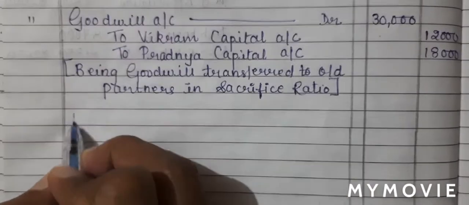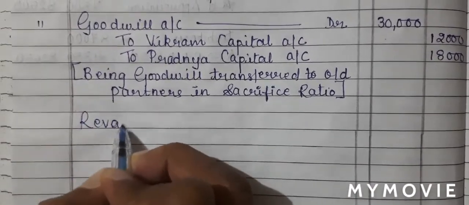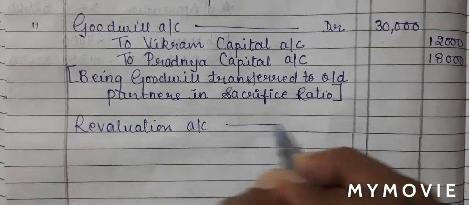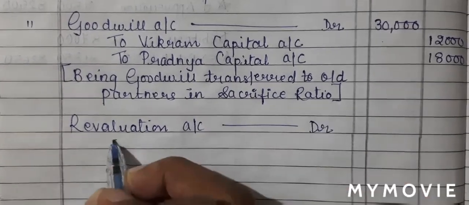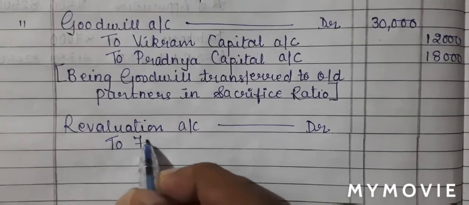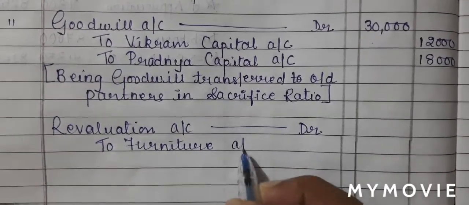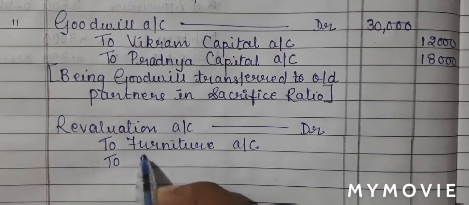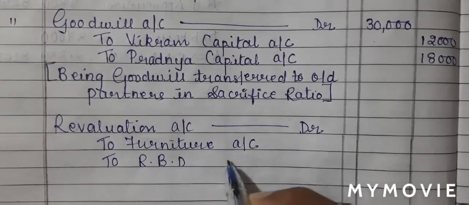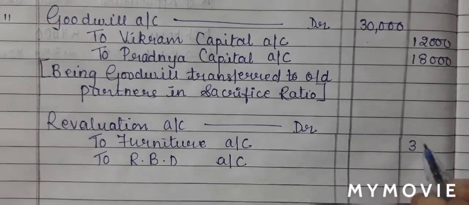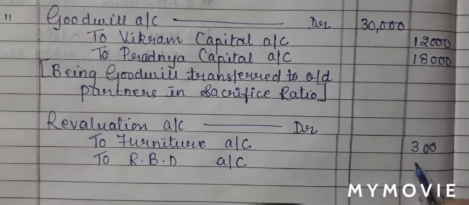So in journal entry, I will write down revaluation account debit to furniture account, to RBD account.